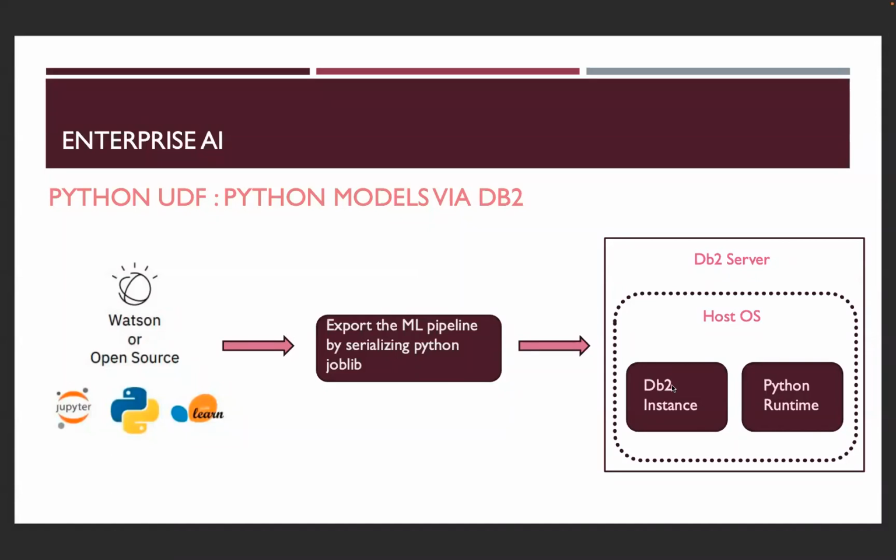Now, this machine learning model will be saved as an executable file with the help of joblib. What the Python UDF does is push the joblib file into the DB2 server by using user-defined functions. So with the help of UDFs, you can do inferencing inside your database.